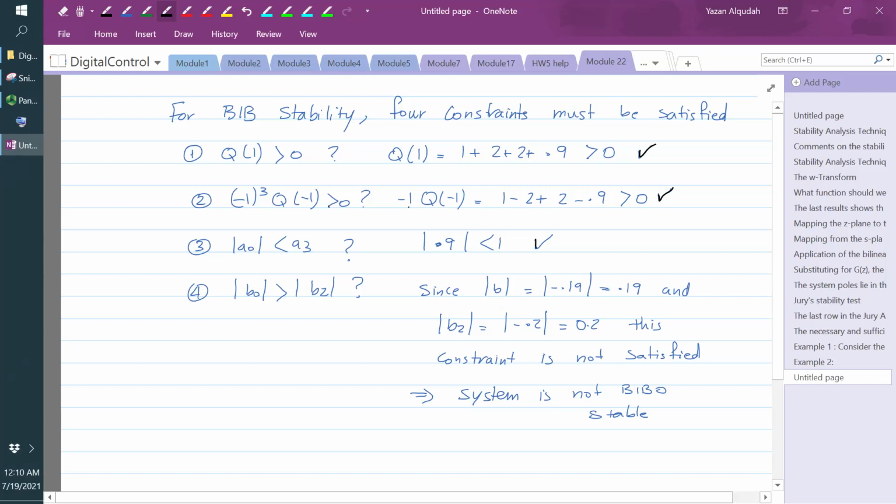This is also met. The fourth condition is that the absolute value of B0 has to be greater than the absolute value of B2. Okay, so let's see if that condition is met.